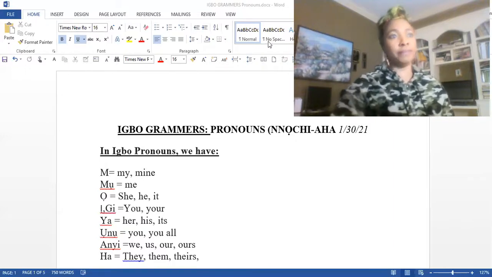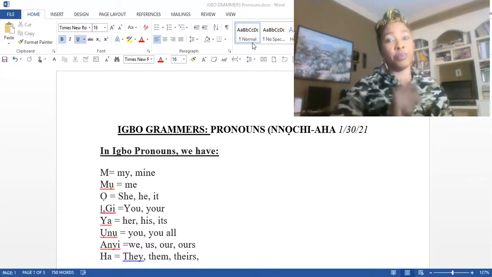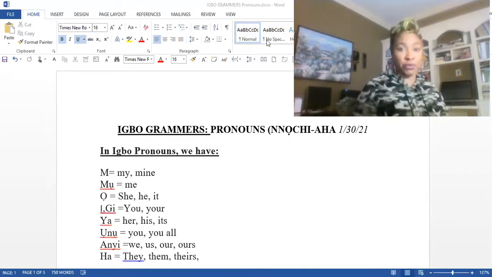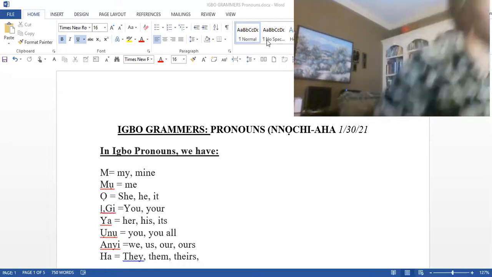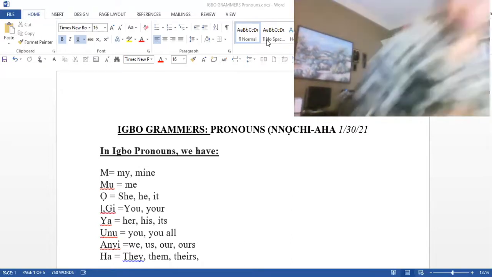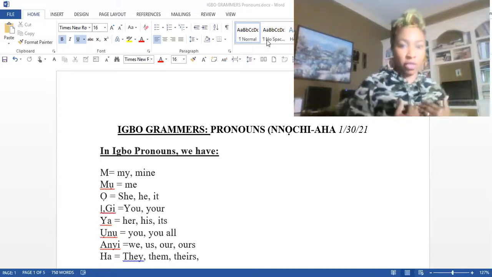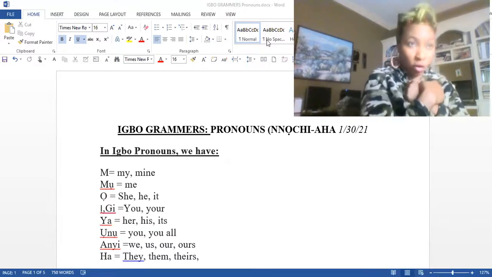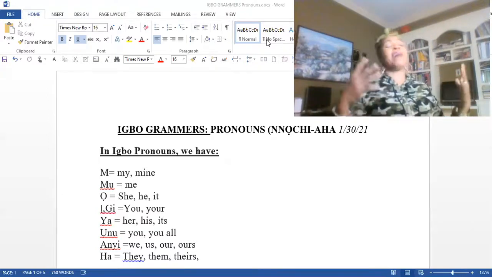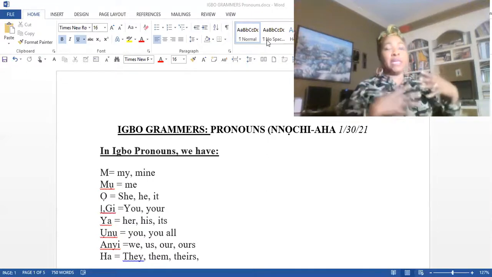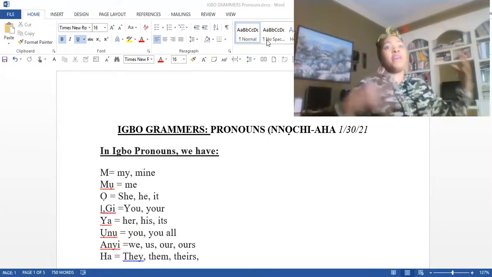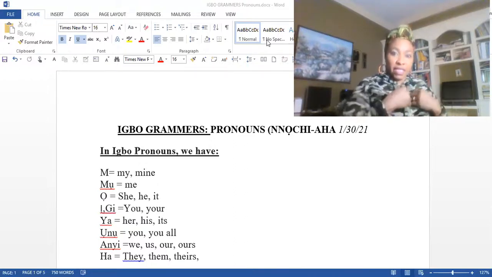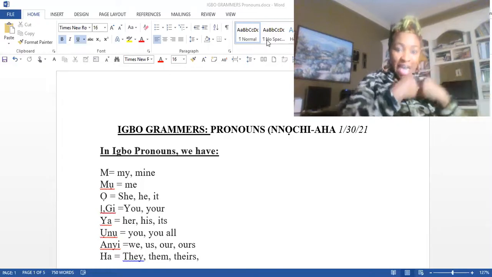Okay, so we have something called possessive pronoun. And that possessive pronoun is something that has to do with you. Something about you, something you have, something that is your own, okay? So in English, we have possessive pronouns and you know what they are. And in Igbo, the possessive one is onkem.